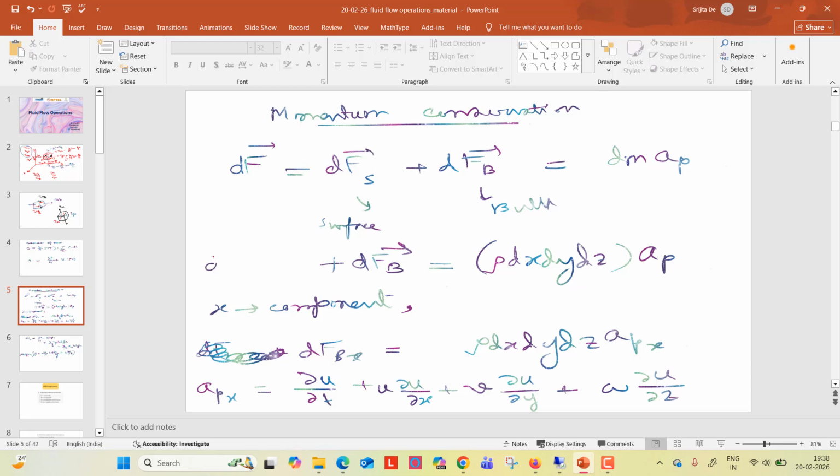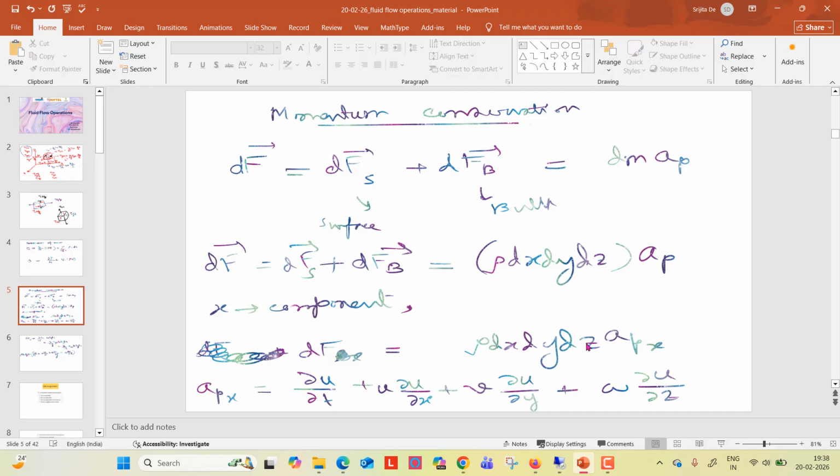Sorry for confusing you. So this is your df, not the bulk force. This is the total mass and acceleration, and this is how it is represented.